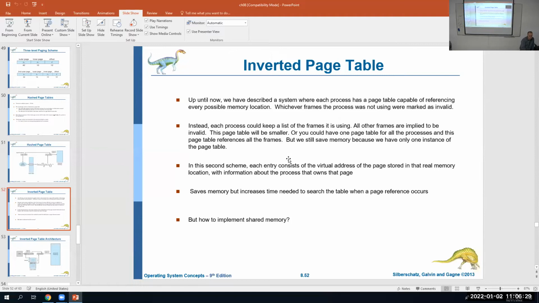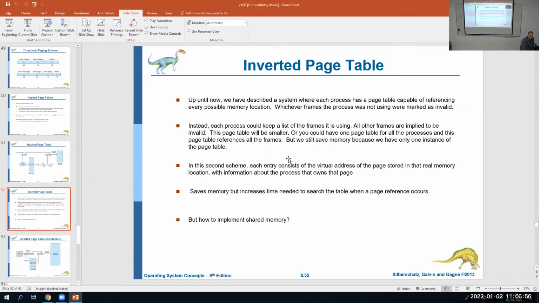This page table will obviously be smaller. It'll just be what you're using, the minimum size it should be. Or you could have one page table. There's another similar idea, a little bit different. The operating system could have one huge page table for all the processes, and this page table references all the frames.